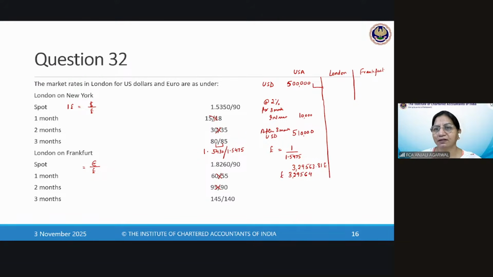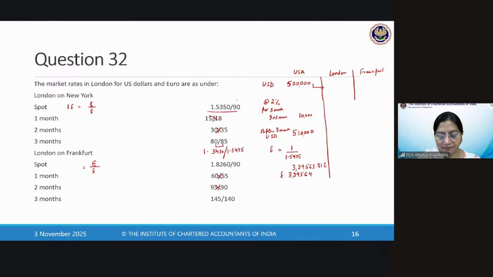So first, how many pounds will the $500,000 become today? Today's rates are these. Bid would be applicable, selling USD, but 1 upon bid would be ask and 1 upon ask would be bid because we want an indirect quote.